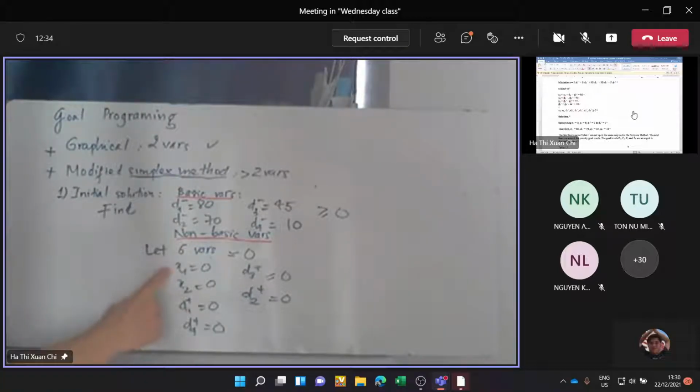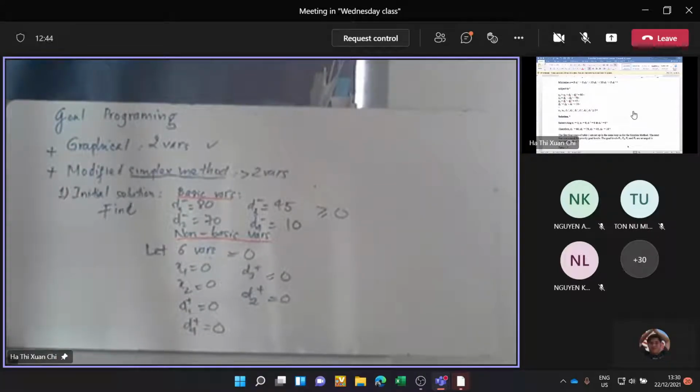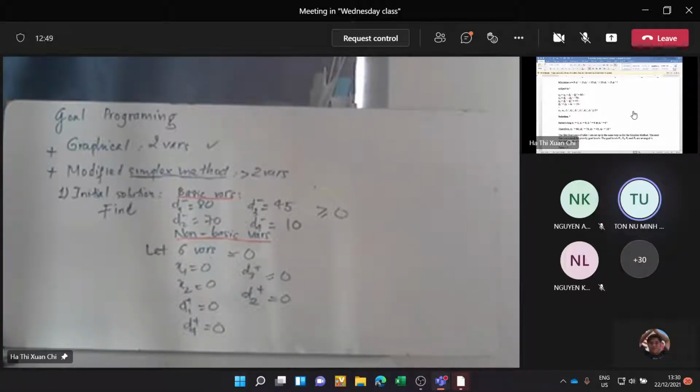Everyone, let me know, can we select another variable in here? Can I? I cannot. But if you choose the variable to be a non-basic variable, then it cannot have a value, right?